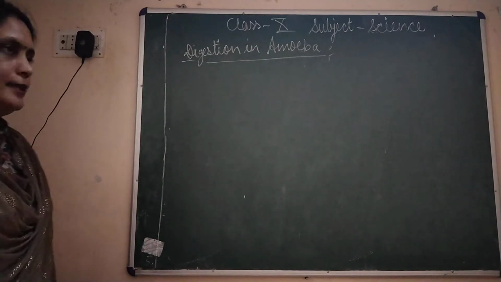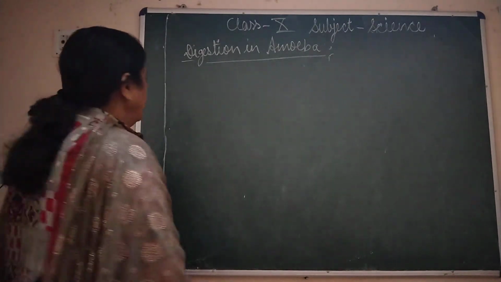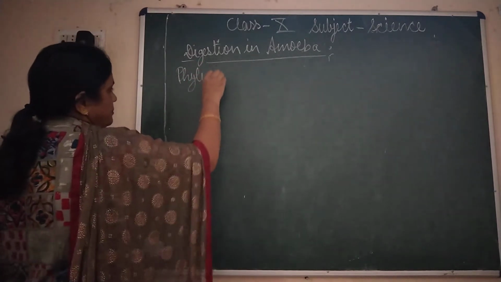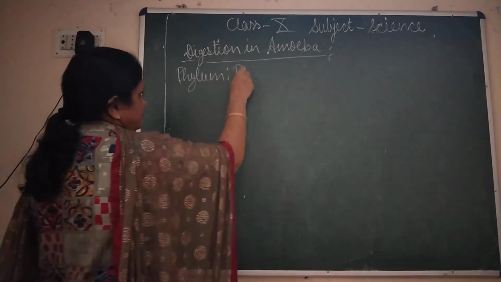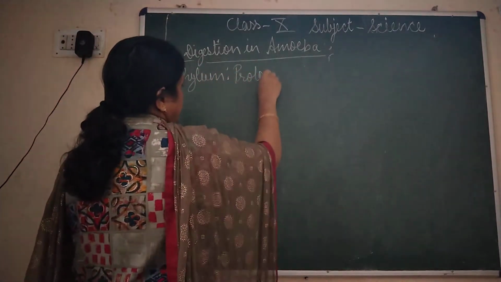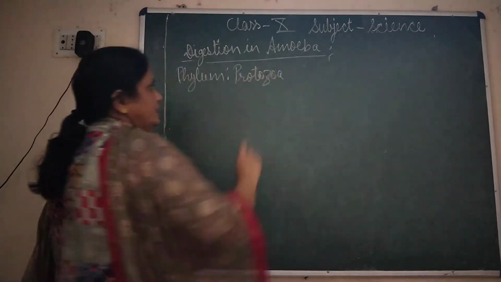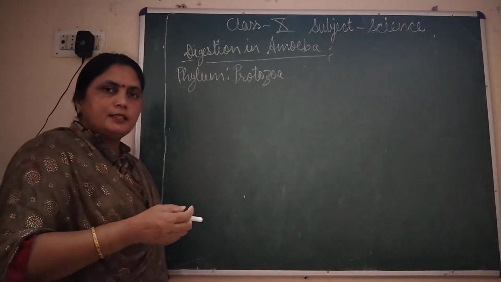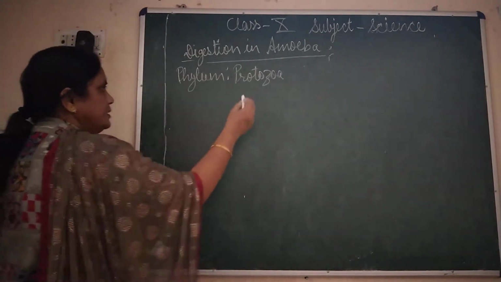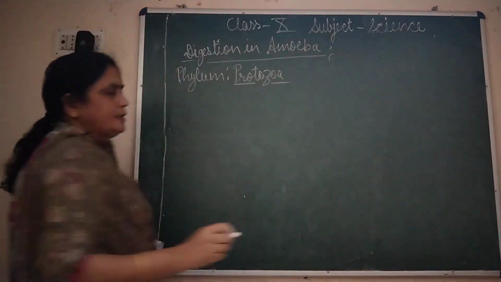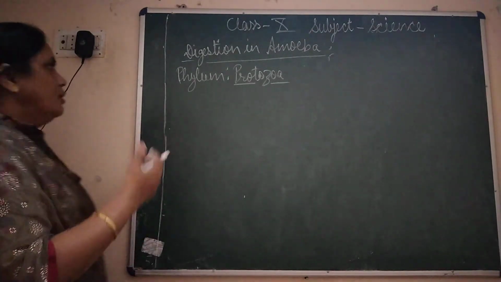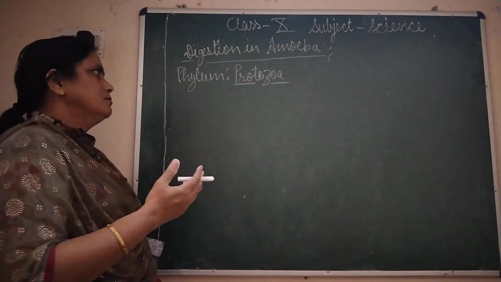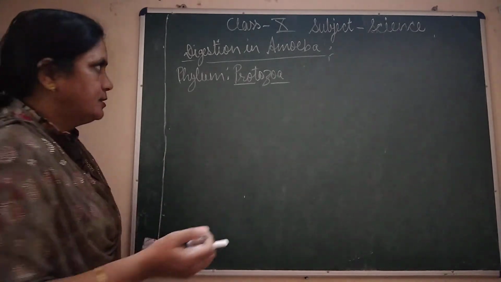Let us get a small introduction of amoeba. Amoeba belongs to phylum Protozoa. You have studied the classification in your class 9th. So you are familiar with this term, phylum Protozoa. It is the lowermost phylum of animal kingdom, and it consists of many unicellular organisms.